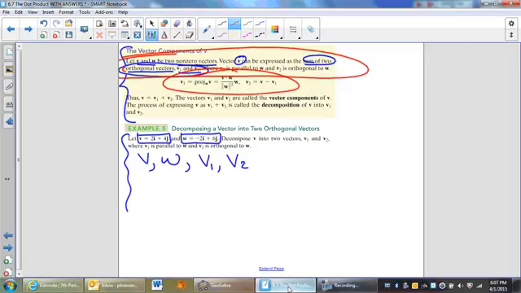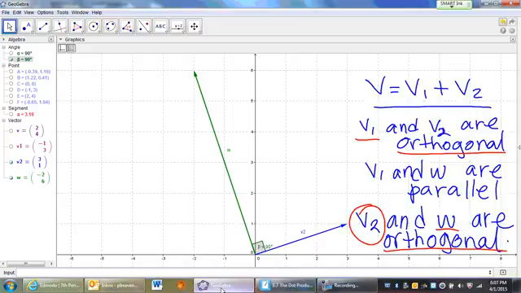So what we're going to do is kind of force this vector V sub 1 to be a projection of vector V onto W. So graphically, let me show you that.